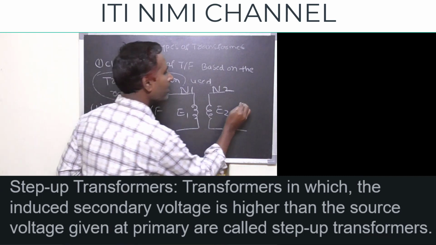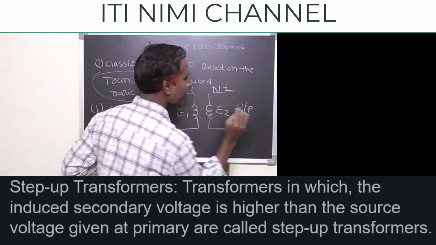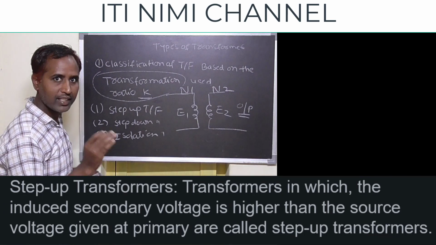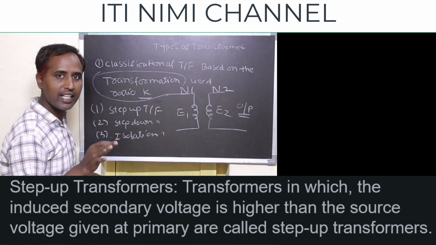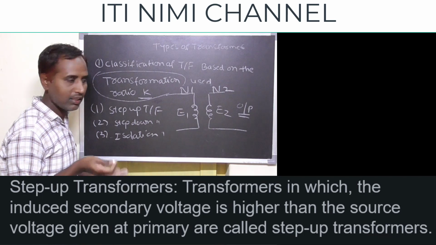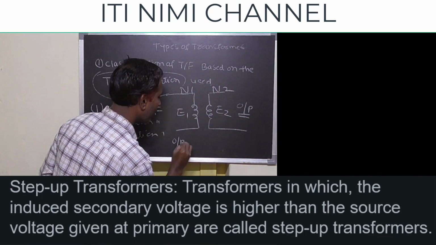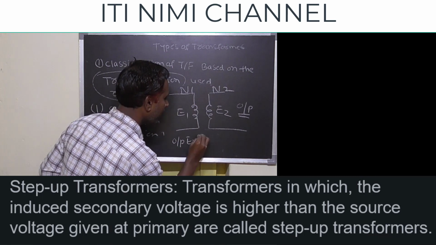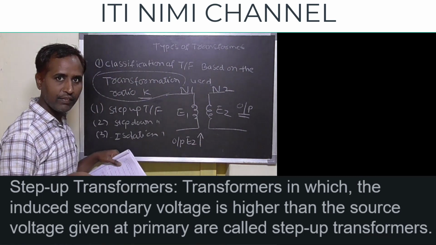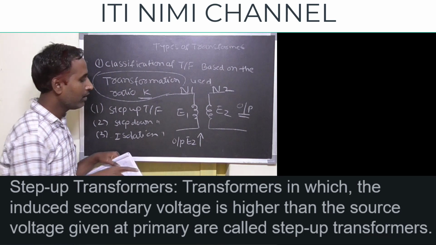See here, this is the output. If output voltage is high, then we will say step up transformer. Output voltage means E2. If E2 is high, we will say it's a step up transformer.